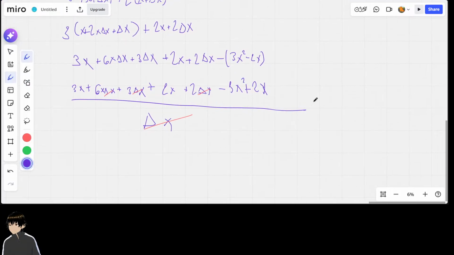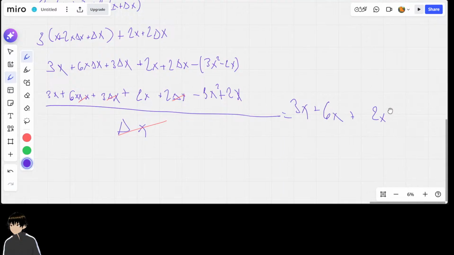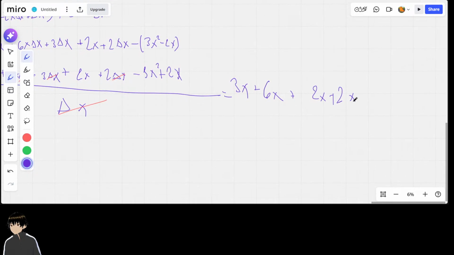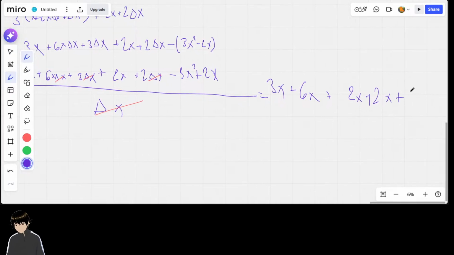So 3x is equal to 3x plus 6x plus 2x plus 2x plus 3x plus 2x minus 3x squared.